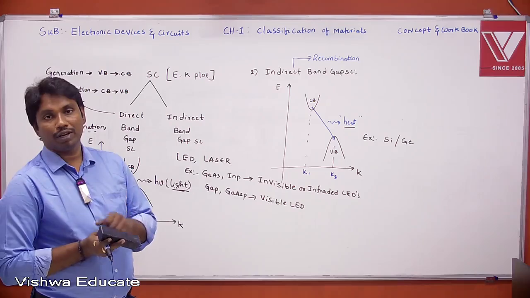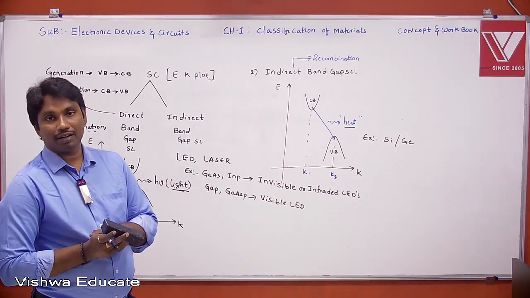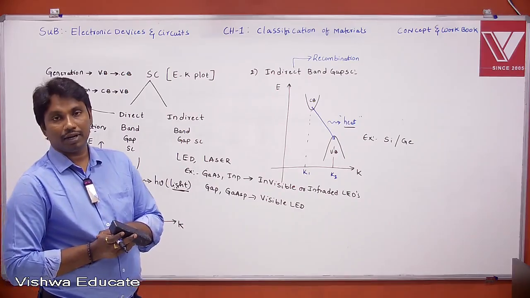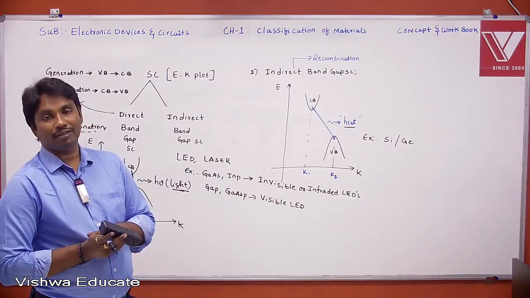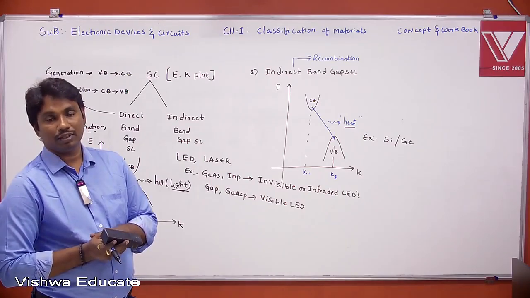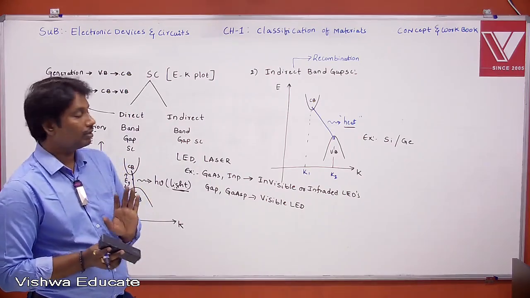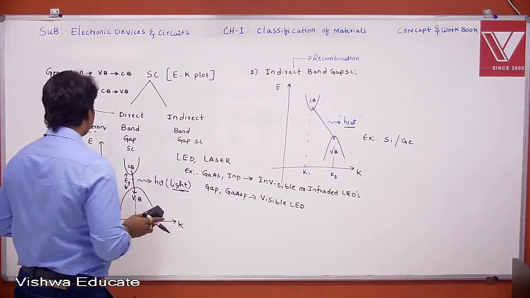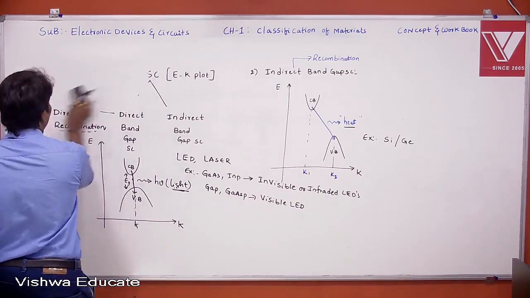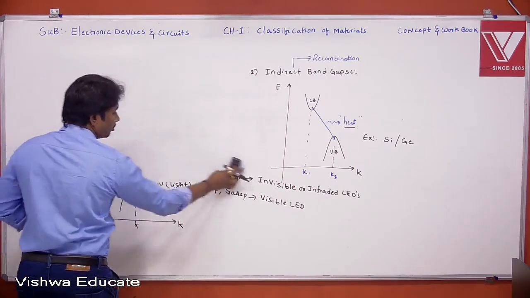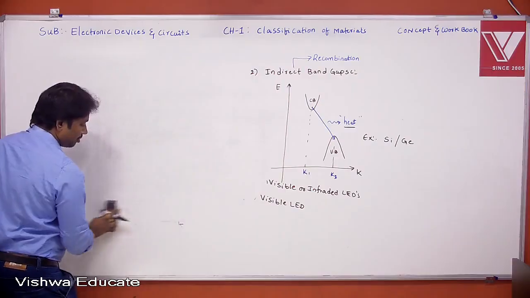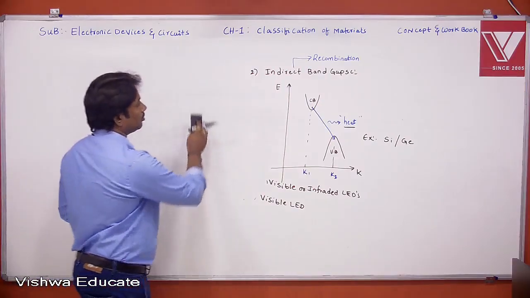And the second point, indirect band gap semiconductors are elemental semiconductors. This classification is based on EK plot.